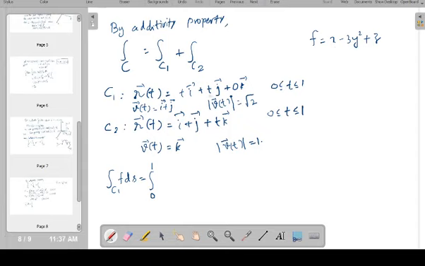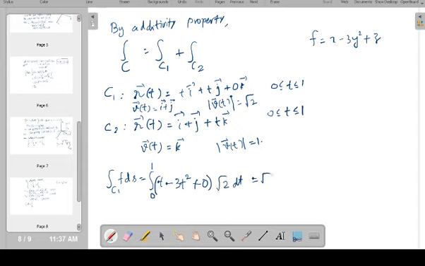It is t. What is y? It is t. And what is z? It is 0. So t minus 3t square plus 0, into modulus of v of t, it is root 2 dt.